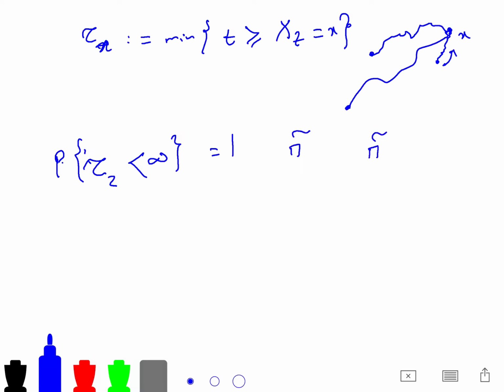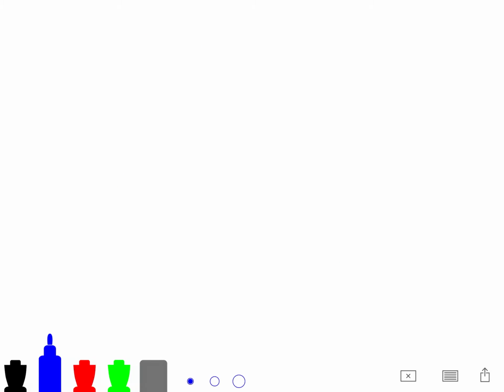And also, if the expectation of tau z plus is less than infinity, then pi equals pi tilde over E_z of tau z plus is a stationary distribution. That was not important. I want to talk about lazy random walk.